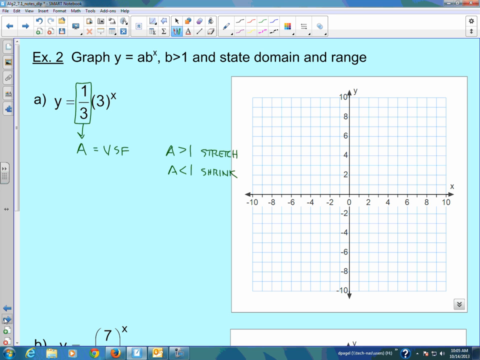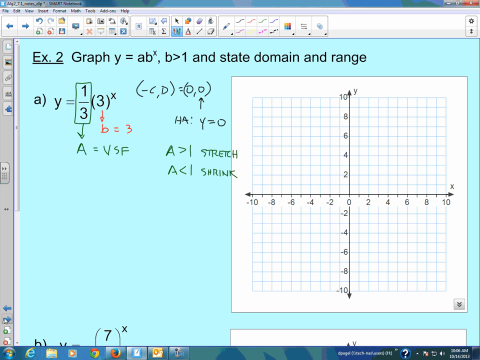The 3 that's being raised to the power, again, that's just my B value. And in terms of where am I starting? Once again, 0, 0. So I know that the D tells me my horizontal asymptote is y equals 0.